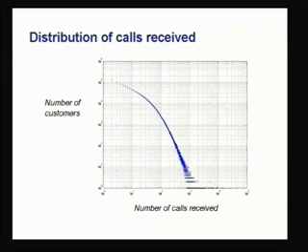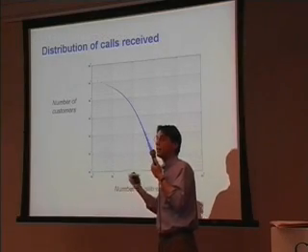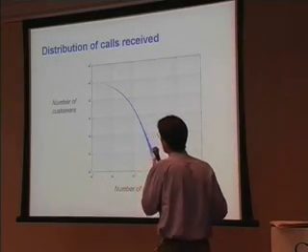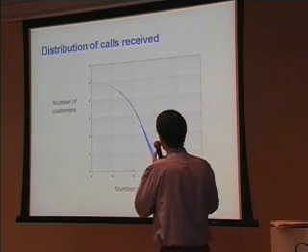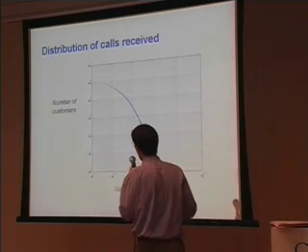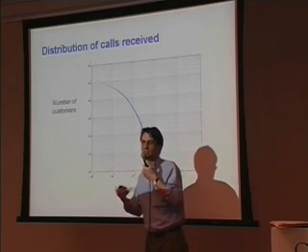This is a very large number of customers who received just one. And this is typically the type of graph you obtain in a scale-free network. For a scale-free network, you have a straight line here, which means that there is a power law distribution of these degrees.